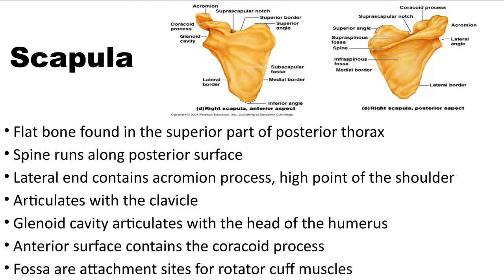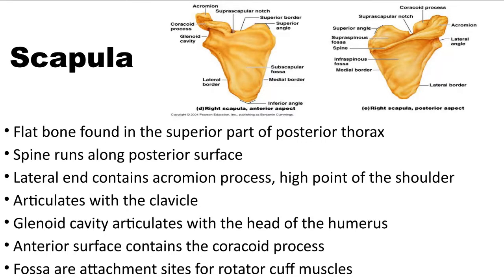The glenoid cavity articulates with the head of the humerus. The anterior surface contains the coracoid process, the front.